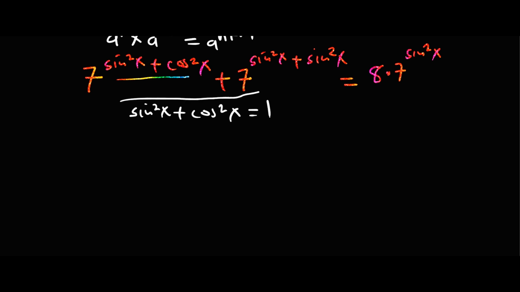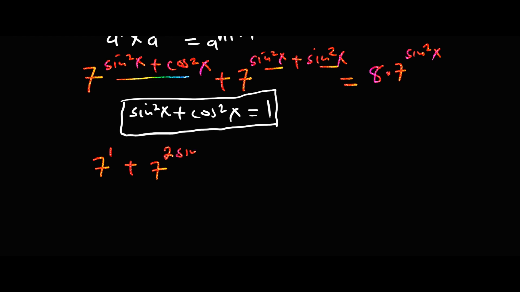So we can use this to simplify the first expression, so that this will be 7 raised to power 1 plus, this is sine squared x and sine squared x, so we have 7 raised to 2 sine squared of x, and that equals 8 times 7 raised to sine squared of x.